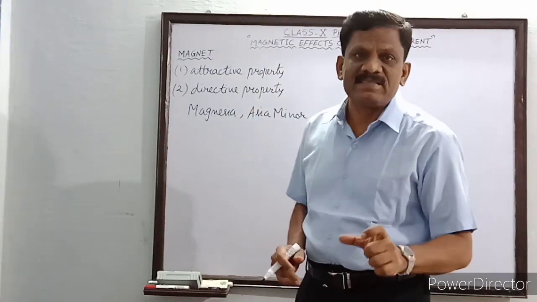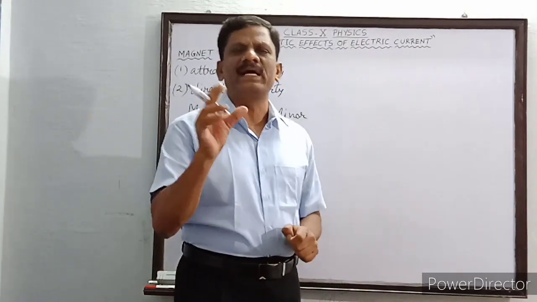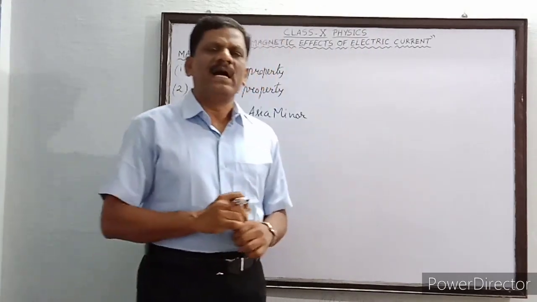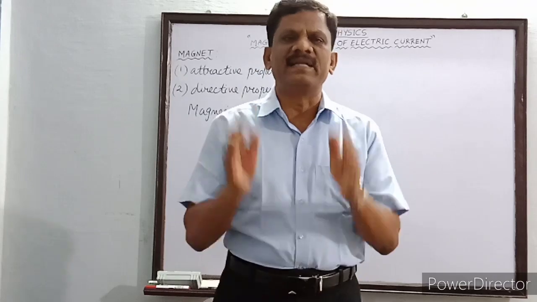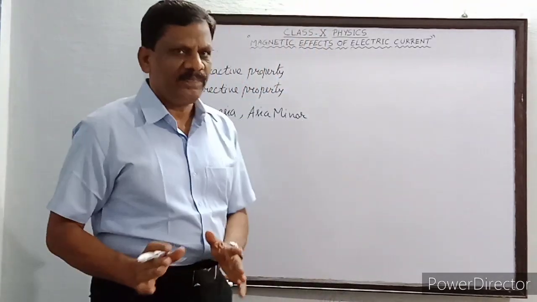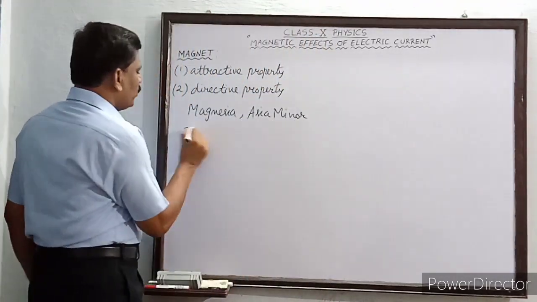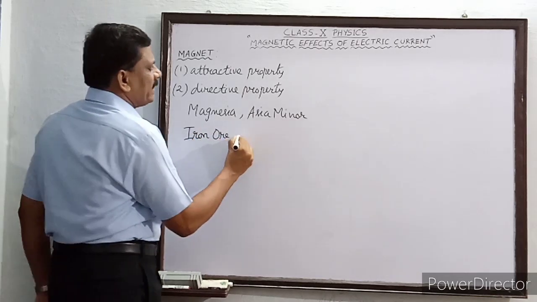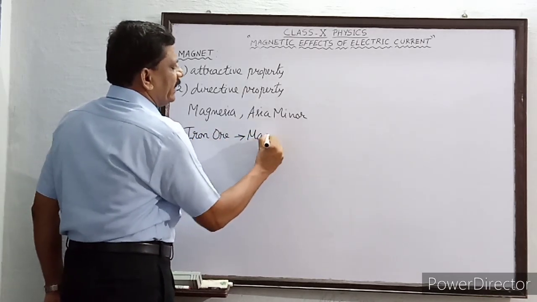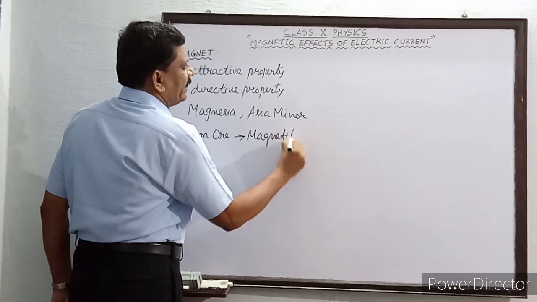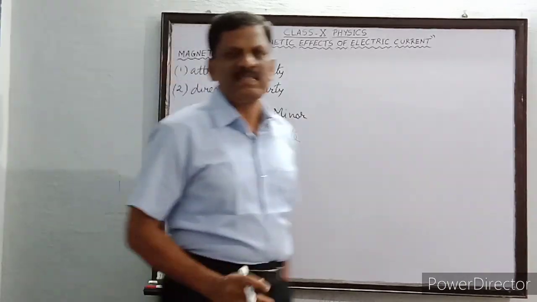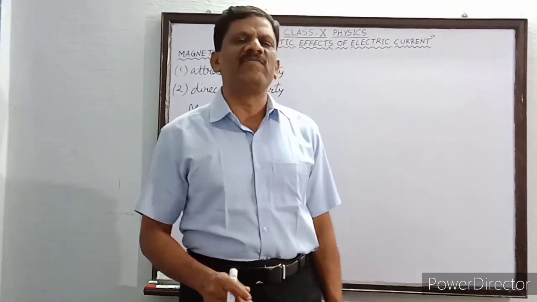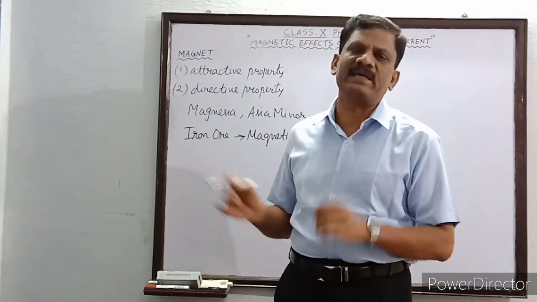The scientists took that naturally occurring magnetic stone and tested it, and found that it contained iron ore, which was named magnetite. So what is the name of the iron ore which is responsible for the property of attraction and showing the direction?